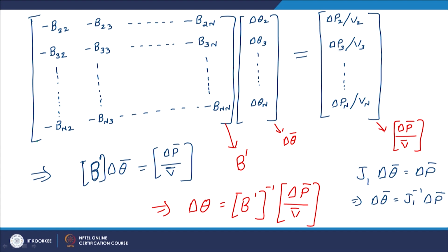Because it is not constant, its inverse also has to be calculated at each and every iteration, and calculating the inverse of a matrix is highly computationally intensive. So even in the original decoupled form, because we have to invert this matrix J1 at each and every iteration, this is still a computationally intensive job.